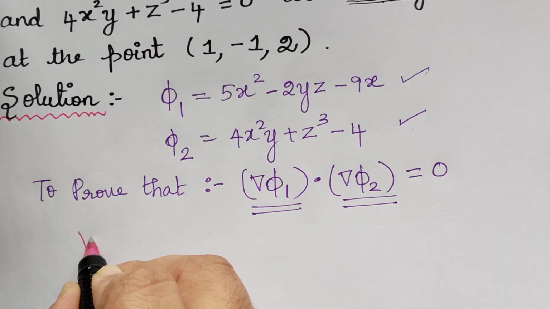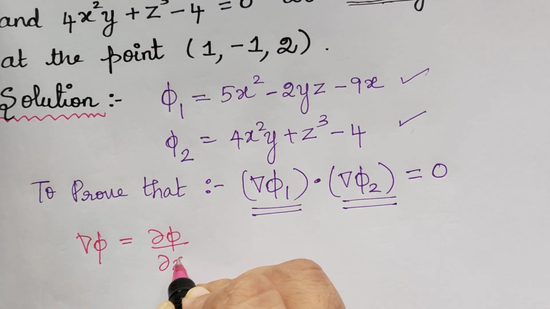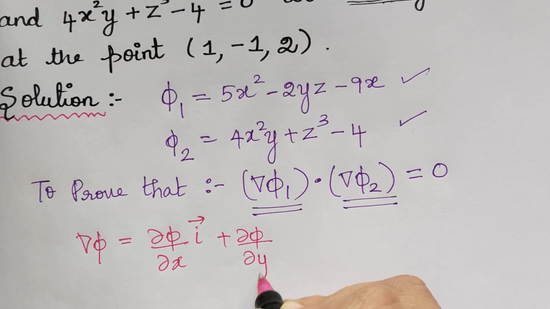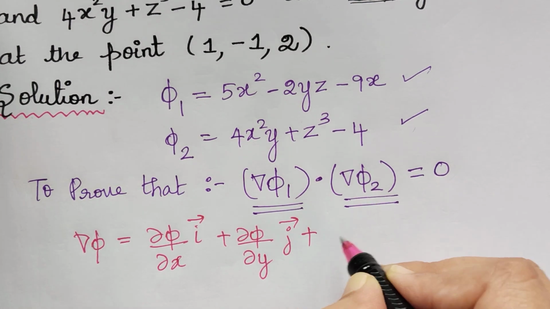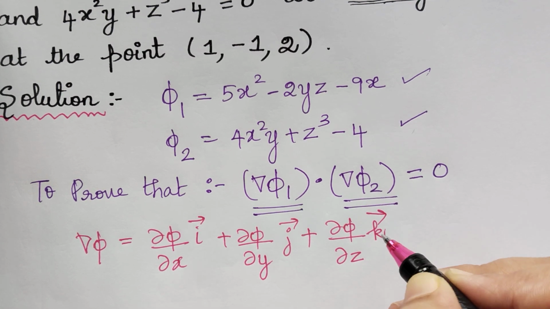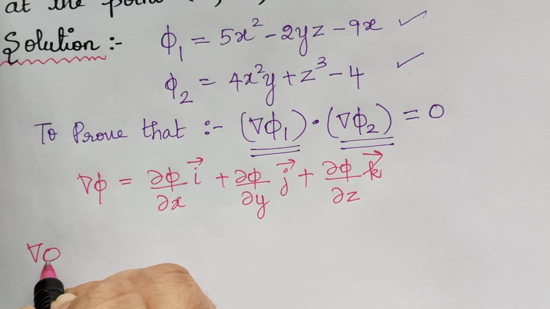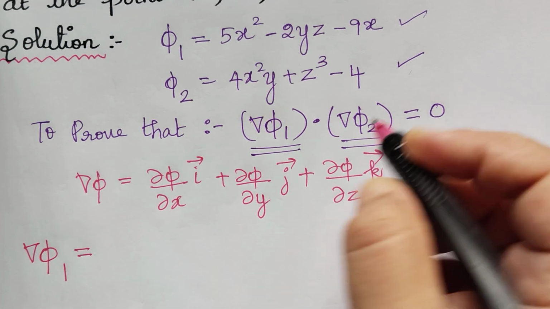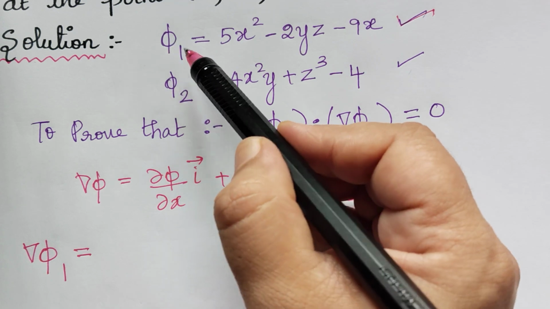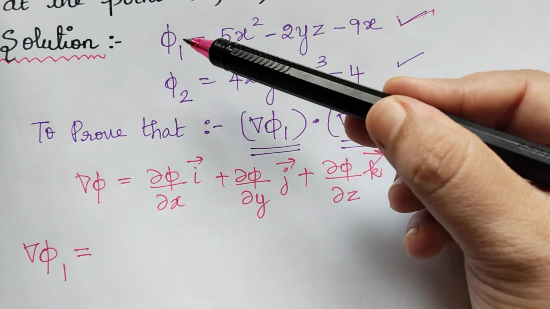We know that nabla phi is given by the formula dou phi by dou x i vector plus dou phi by dou y j vector plus dou phi by dou z k vector. Now, to find nabla phi 1, we consider the first surface and find dou phi 1 by dou x, dou phi 1 by dou y and dou phi 1 by dou z.